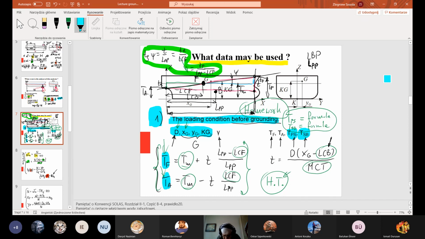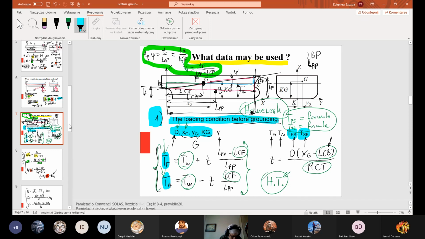So this is my hint to you. In my opinion, it is the best time now to refresh this knowledge if you don't know or don't understand the method of calculation of fore and aft draft.